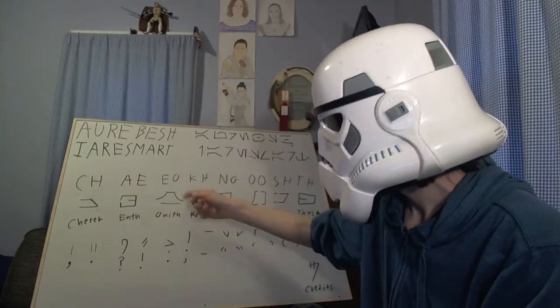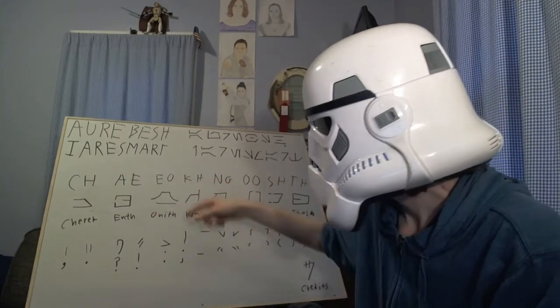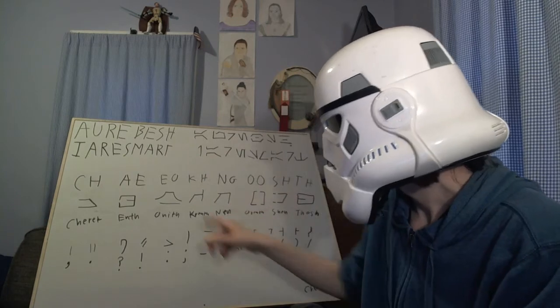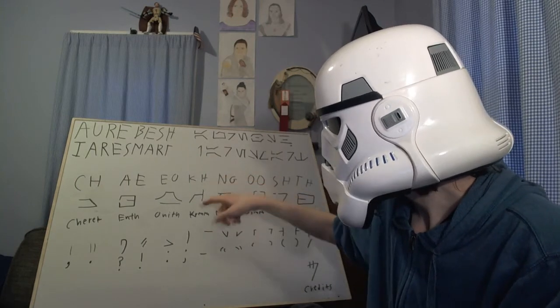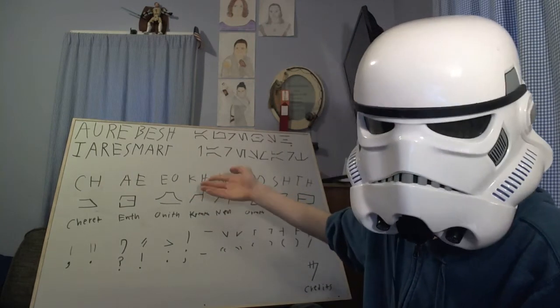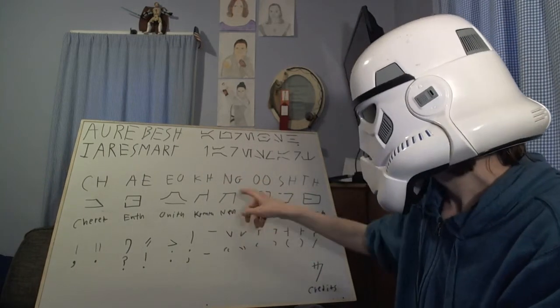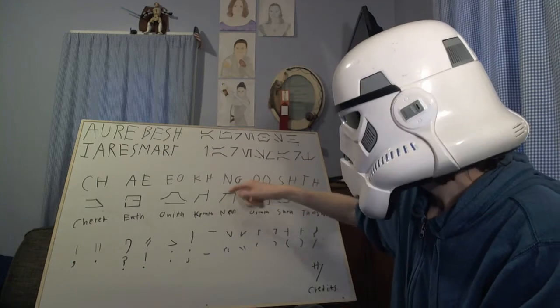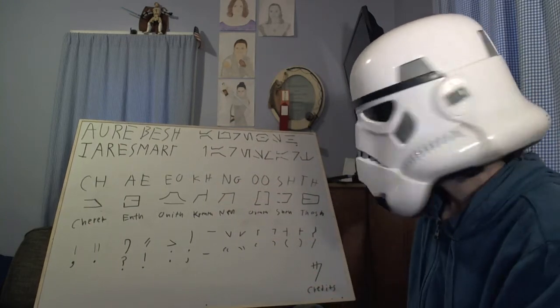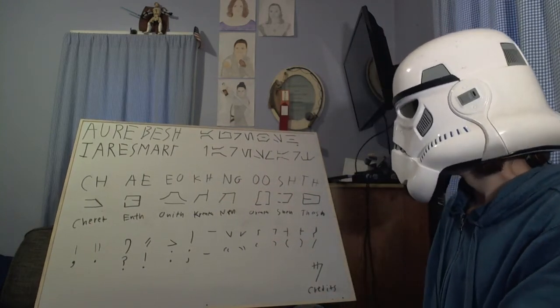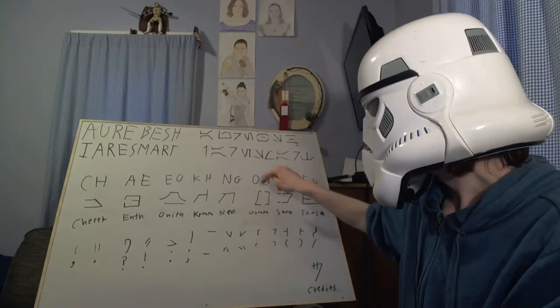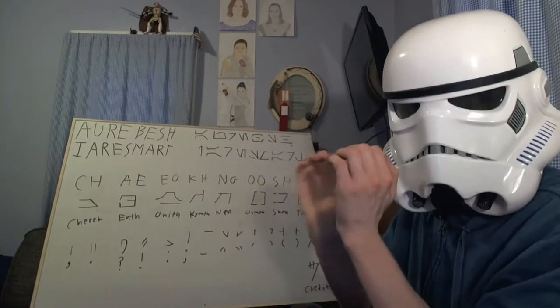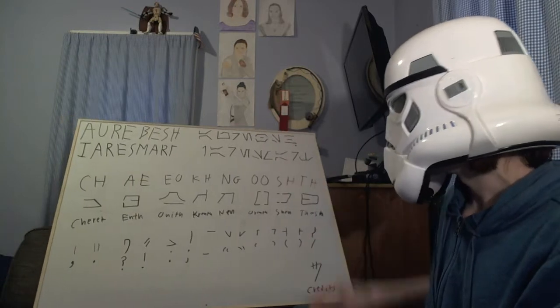Next we have Oenth, which looks kind of like a Pizza Hut in my opinion. It's an EO. Then we have Krenth, which is KH, which looks kind of like a chair, honestly. Then we have Nen, which is like this horizontal line, vertical line, and an angled line, which is NG. I don't know how often you would see that, but maybe it happens more often. Then we have Orenth, which is these kind of like brackets. Essentially, they're like two brackets right next to each other, and that's two O's.